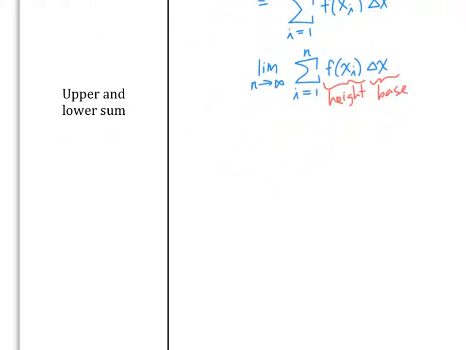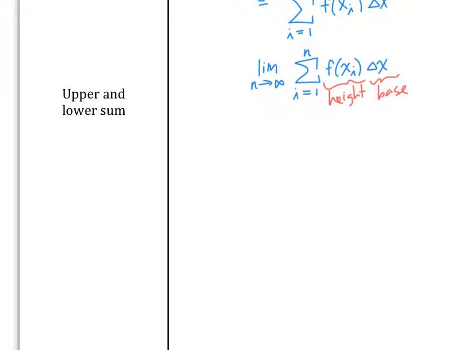So we talked about 4 ways to approximate the area under the curve, kind of roughly. One is the left-hand Riemann sum. One is the right-hand Riemann sum. One is the midpoint formula, or midpoint area. And then the other one is the trapezoid area. The other one we can do is called the upper and lower sum.